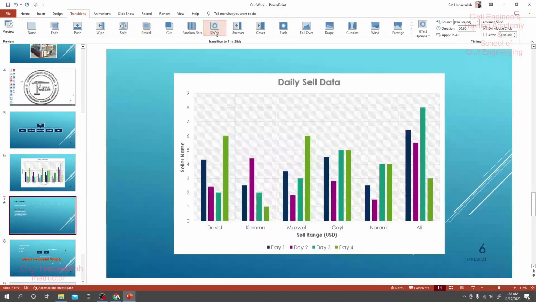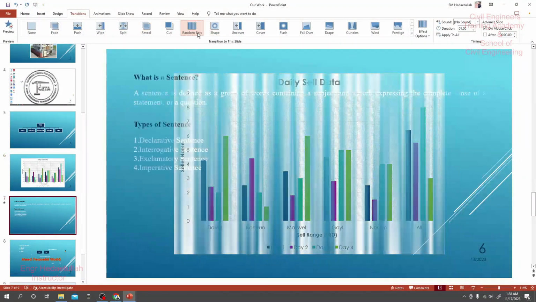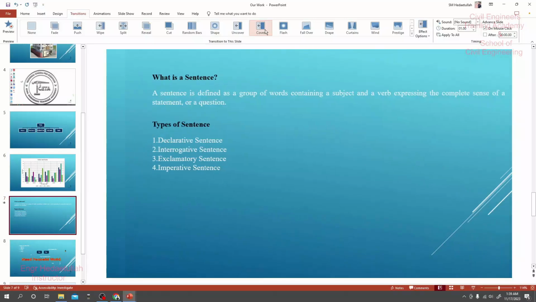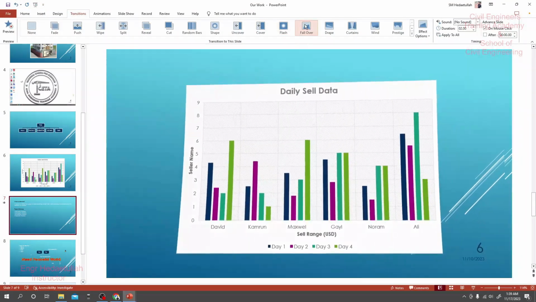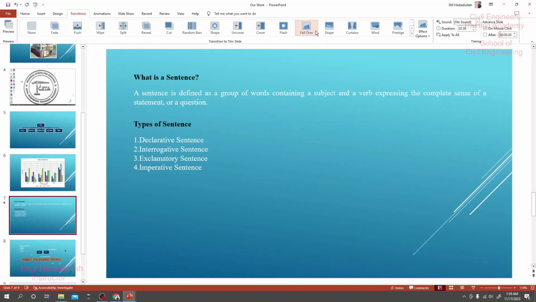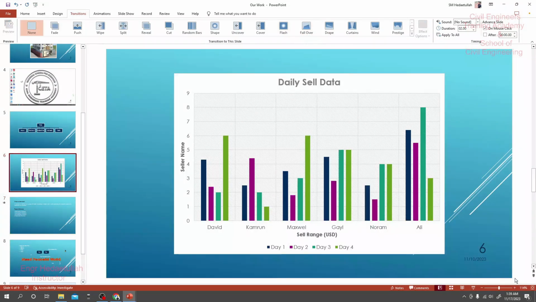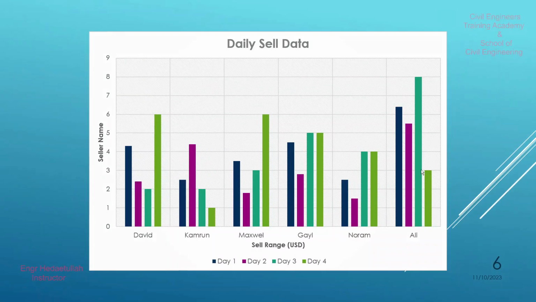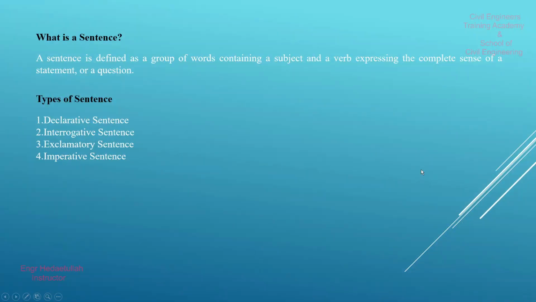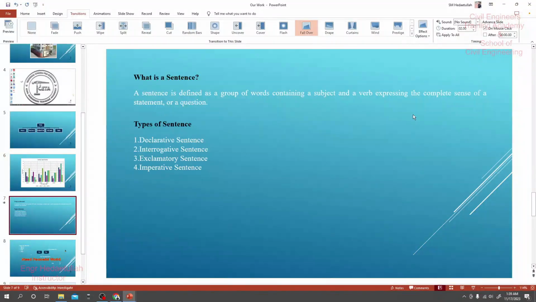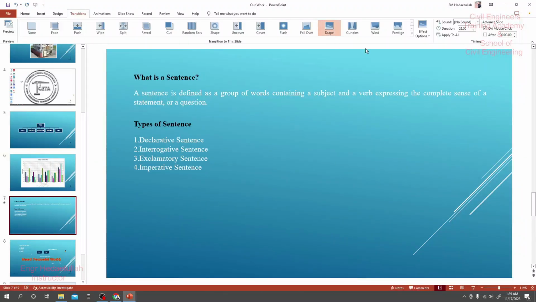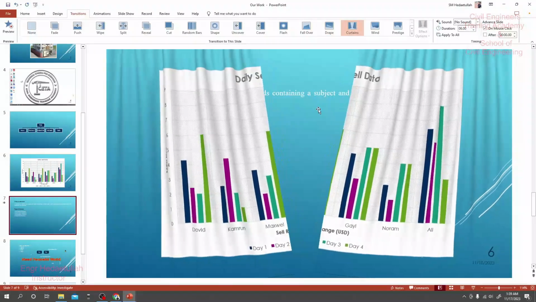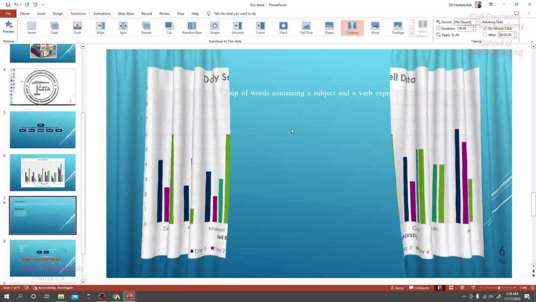Then if we go for shape, or here random, then cover, okay, then flash, then fall over, just like that. This looks very good. You see, enter, and it's falling. Then here droplet, okay, then here curtains, it will move like that.